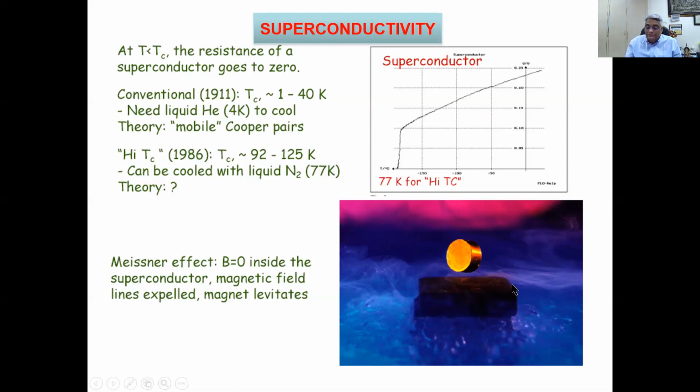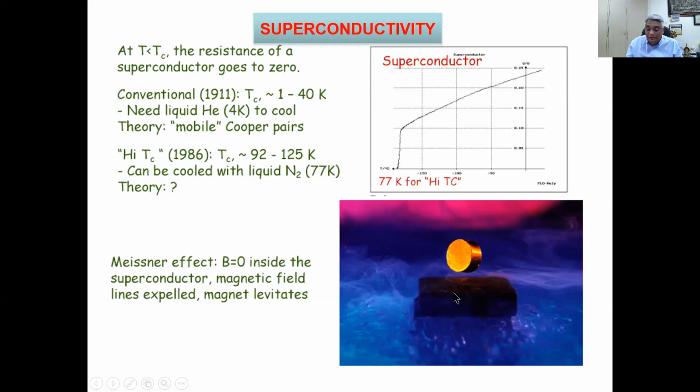So what happens here is you take this superconducting block and bring a magnet close to it. Before the superconducting state, the magnetic field lines flow through the superconductor, but the moment you hit the superconducting transition temperature, the block gets into its superconducting state, and no magnetic field can penetrate through the interior of the superconductor.